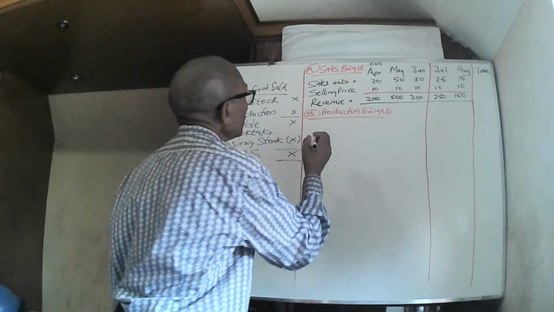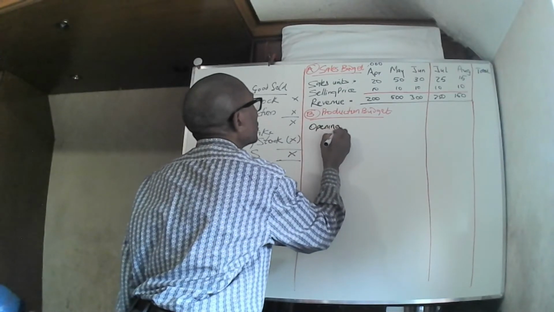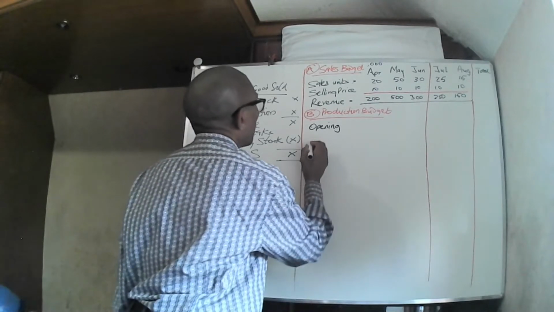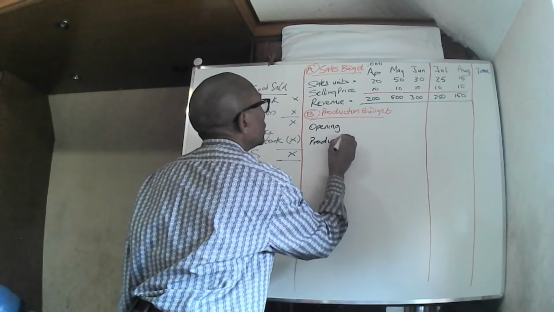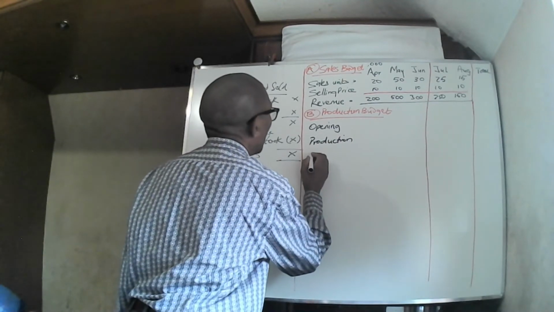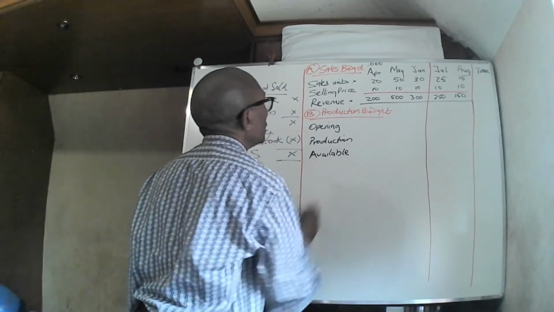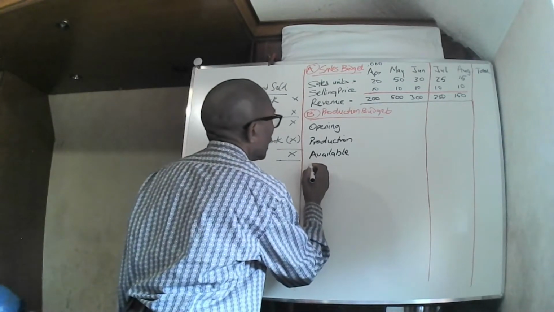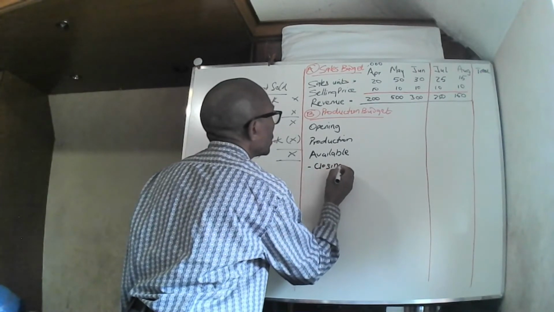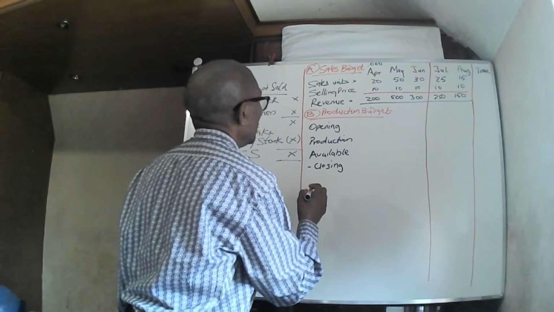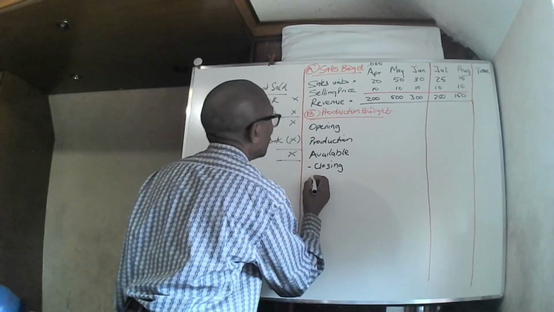Production, I will have my opening, I will now have production, that will give me a variable, I will now have less closing, that will now give me used. Okay, cost of goods sold.